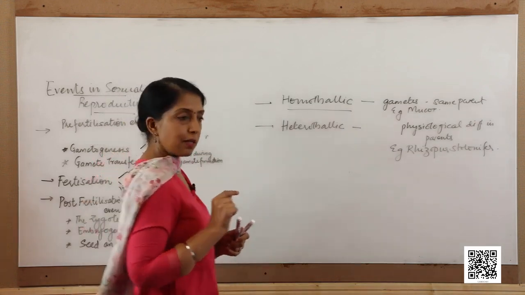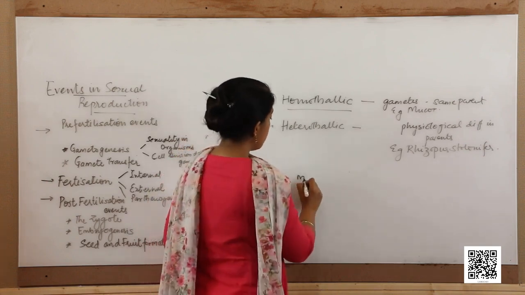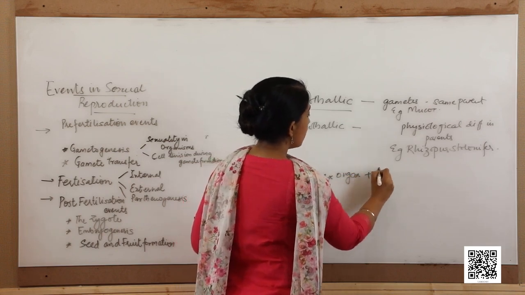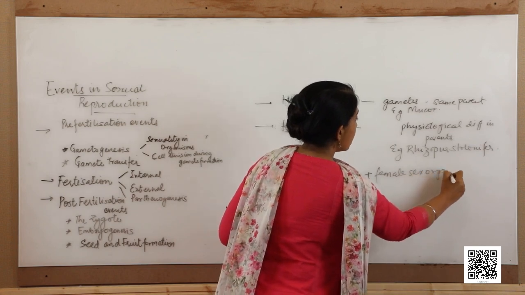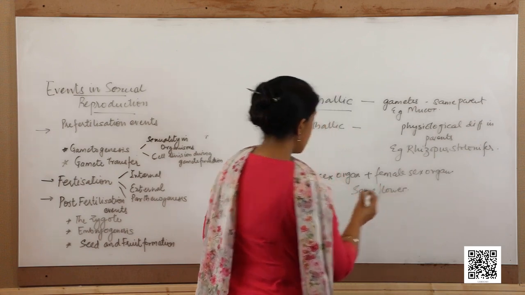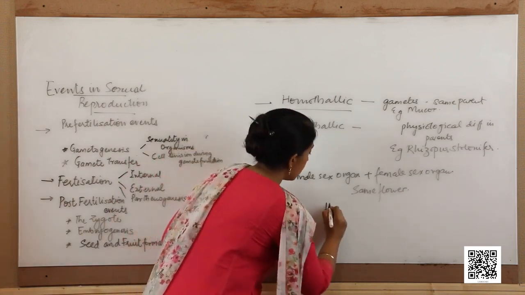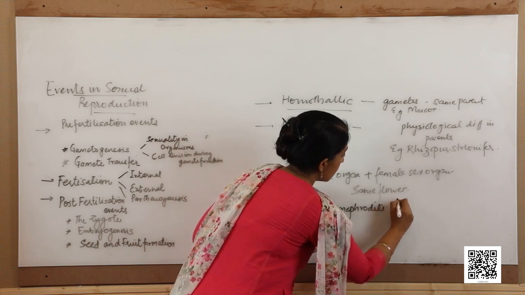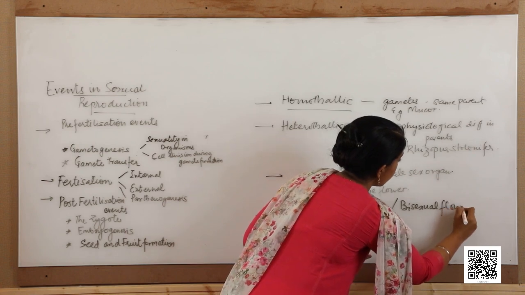In flowering plants, when both the male sex organ and the female sex organ are present in the same flower, that condition is known as hermaphrodite flowers, or bisexual flowers.